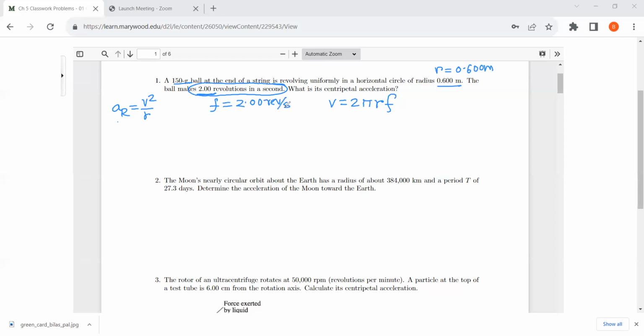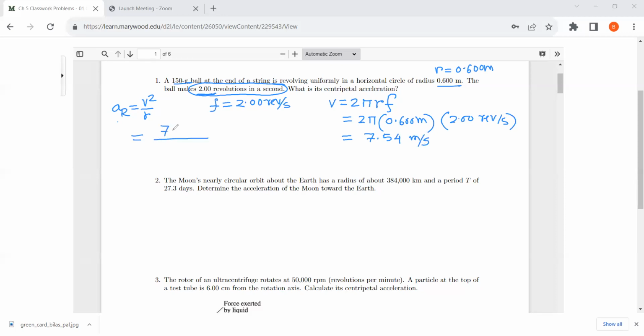Now I think it's simple. We know radius, we know frequency, we can easily calculate the velocity, and then we can plug this value into the equation of centripetal acceleration and calculate it.